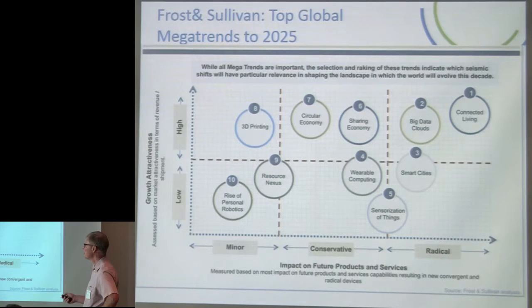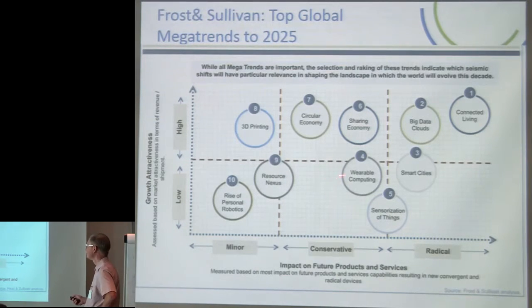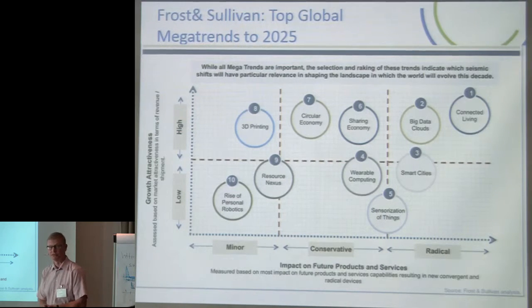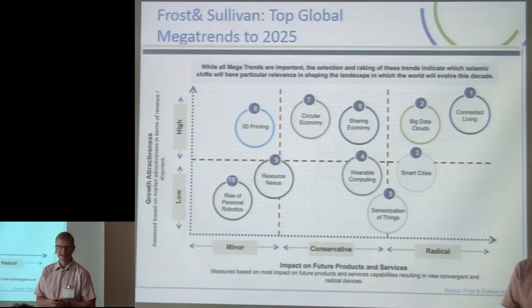There are many interesting things like personal robotics, 3D printing, wearable computing, and so on. But big data clouds is the one that is considered as having high growth attractiveness and also a radical impact on future products and services. And I'm sure you have seen this.